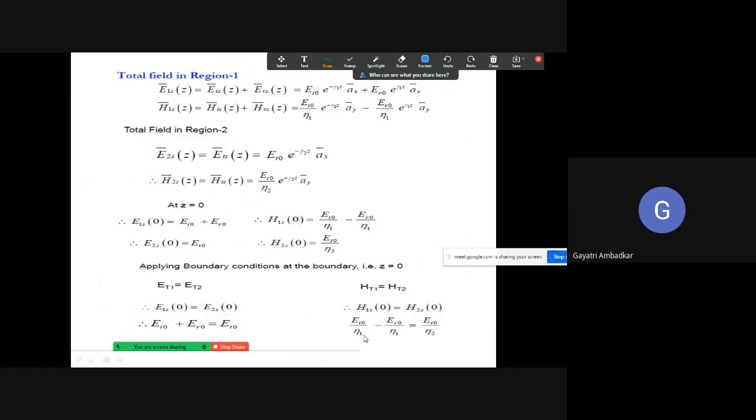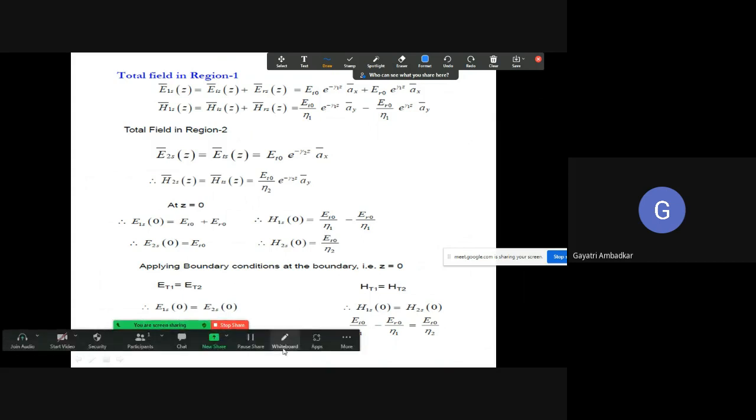So this is Ei upon eta 1 minus Er upon eta 1 equal to Et upon eta 2.